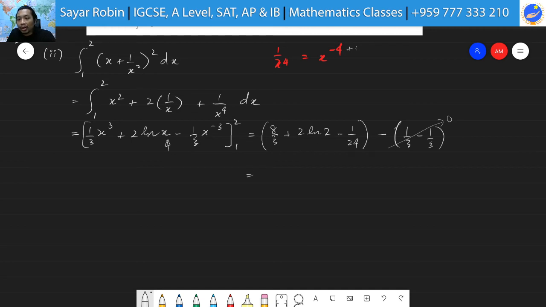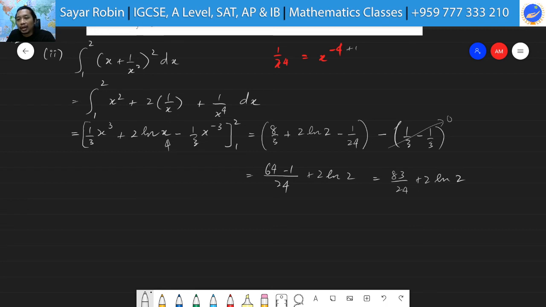So the numerical values 8 over 3 and negative 1 over 24 can be combined to get one value. So the denominator should be 24. That's why we have to multiply both by 8. It becomes 64 minus 1 plus 2 ln 2. So it's going to be 63 over 24 plus 2 ln 2.